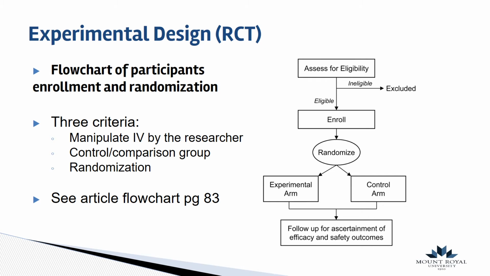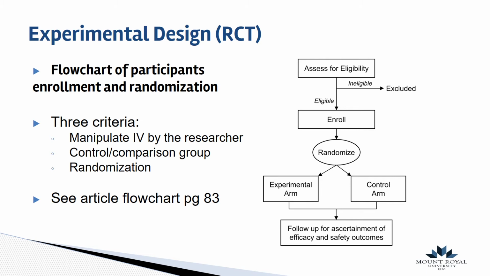So here at the top, we have the assessment for eligibility. And this is really key in a randomized control trial. We call it inclusion and exclusion criteria. And so you have this pool of people that are eligible, and then for different reasons, some people are eliminated because they could impact the internal validity of the study.